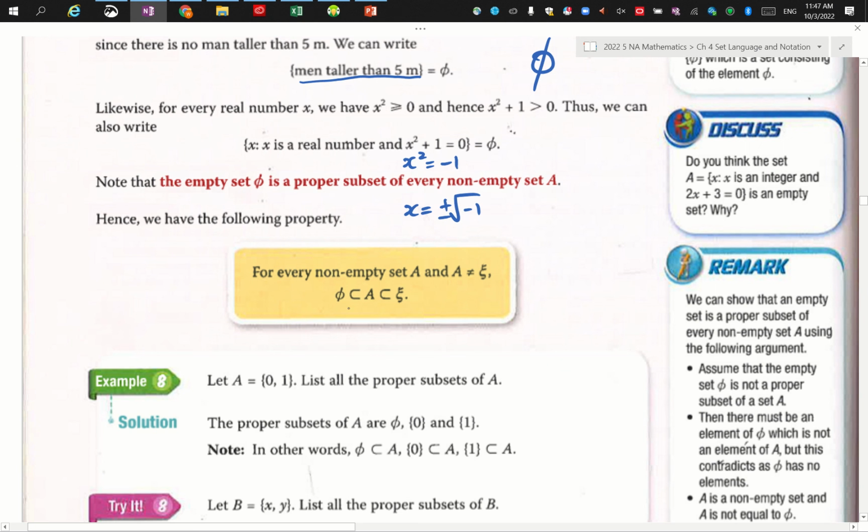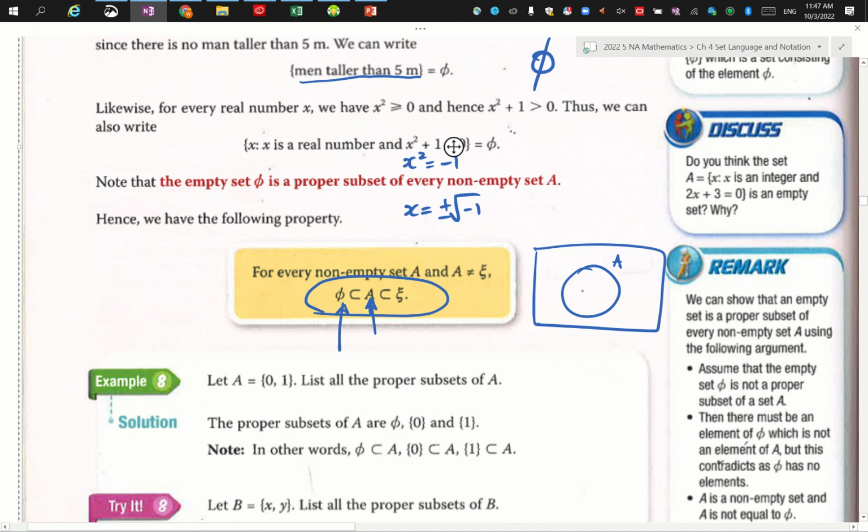So now we end up having this very interesting situation. An empty set is still a set, although there's nothing inside. It is a proper subset of A. Does that make sense? So let me draw you a Venn diagram again. This is my set A. Set A has some stuff inside.